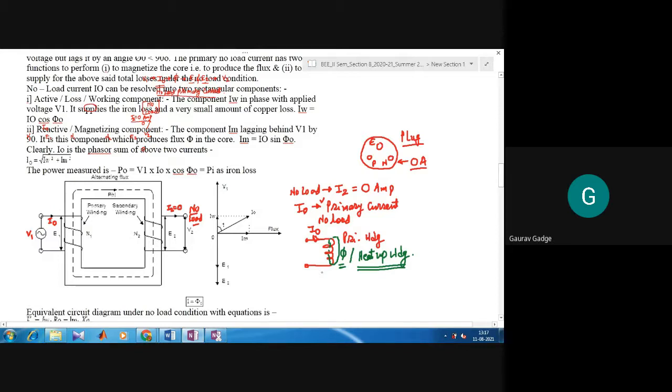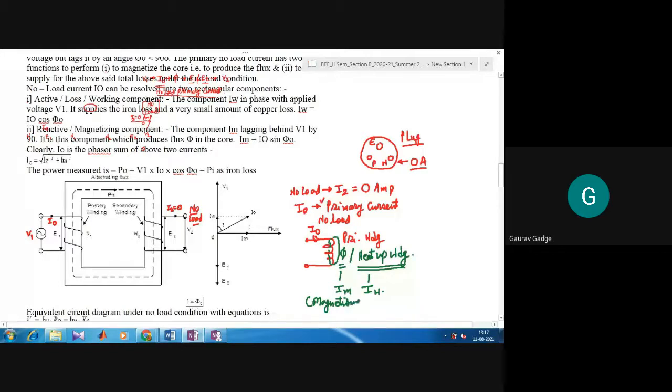If there are two numbers belonging to those two SIMs, here these two categories, flux and heat, are due to two currents, that is two numbers, and the two currents are named IM and IW. What does IM stand for? Magnetizing current.